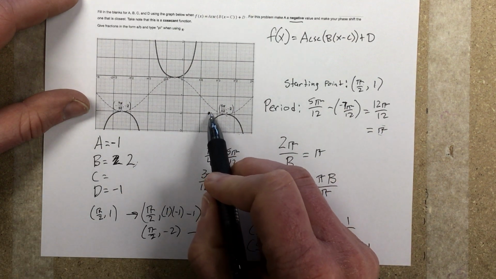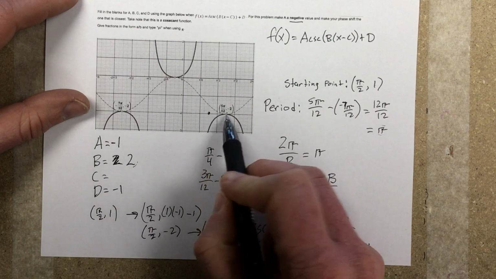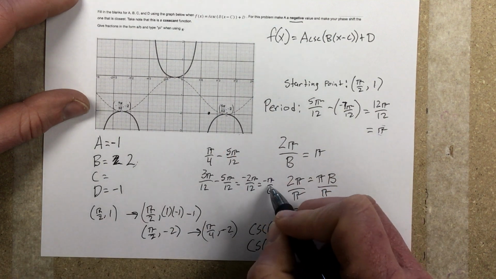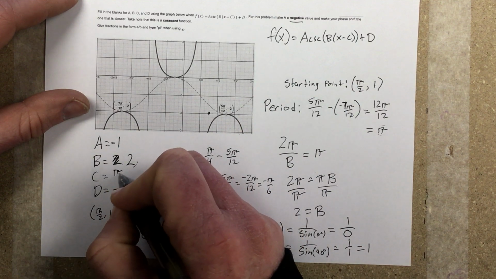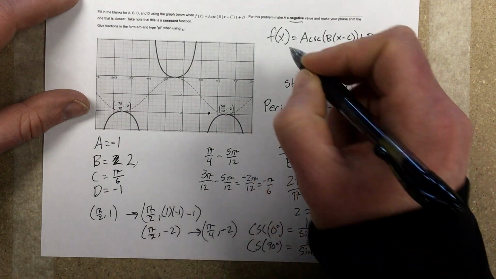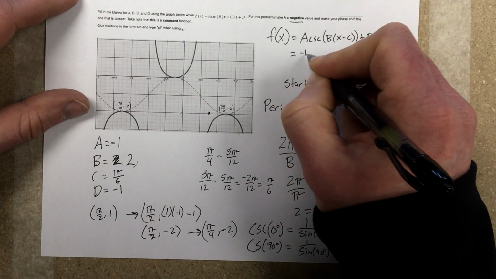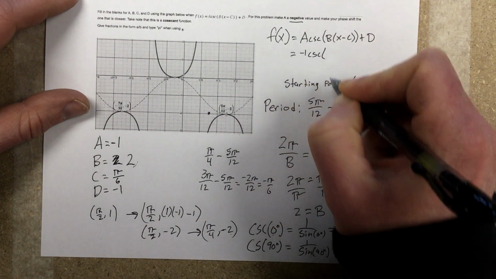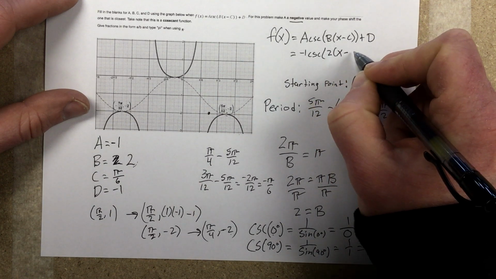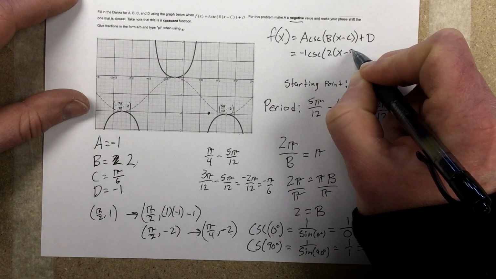It'll be from here to this direction, pi over 6. I don't want to use a negative here. Because it's a right shift of pi over 6, I'll use the positive version of that. So I end up with negative 1 cosecant 2 x minus pi over 6 minus 1.